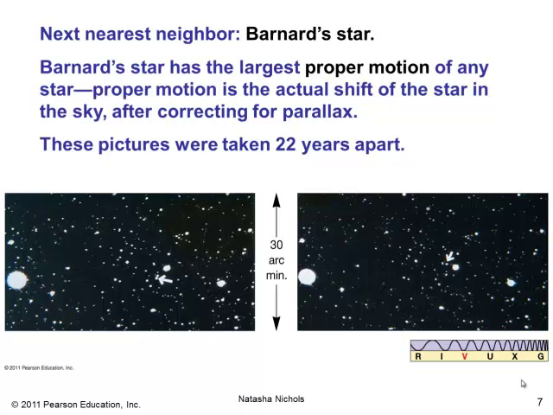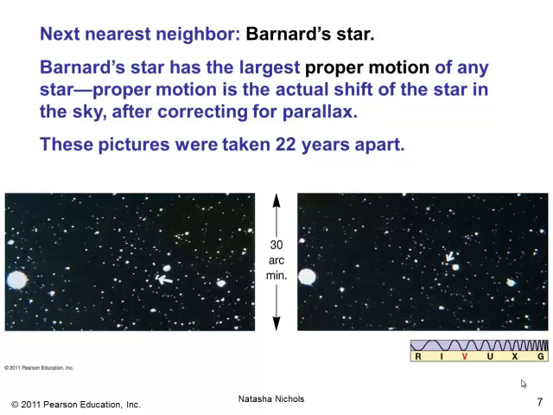If you photograph a small area of the sky on 2 dates that are separated by 10 years or more, precise measurements reveal that some of the stars in the photograph have moved very slightly against the background of more distant stars. This motion, expressed in units of arcseconds per year, is what we call the proper motion of the stars.